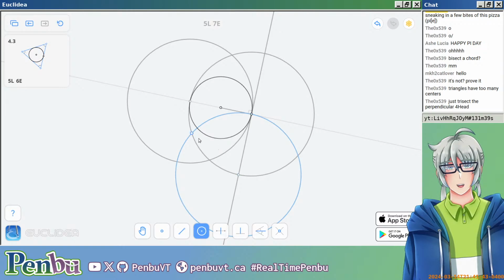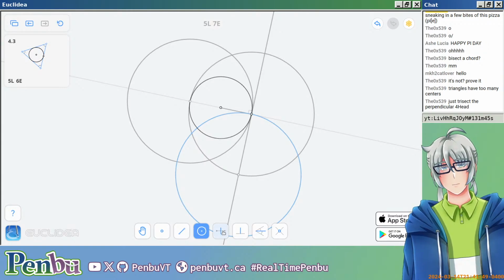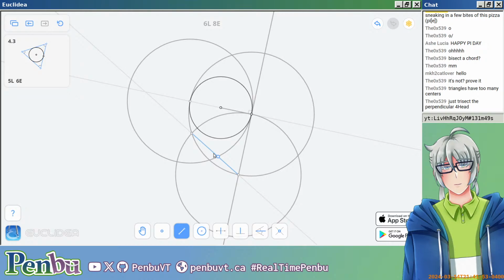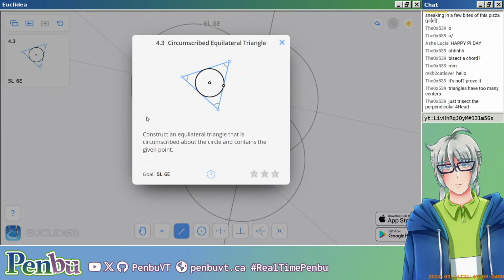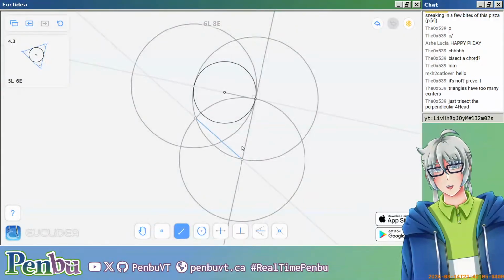And then we can get 60 degrees from here. That can't be right. Is this not 60 degrees? Construct an equilateral triangle, which means the corners here do have to be 60.